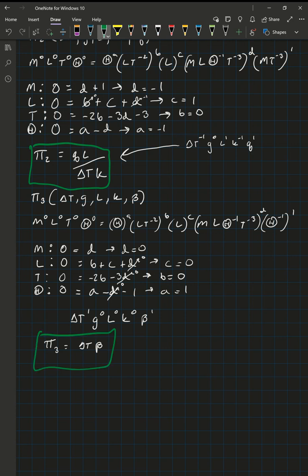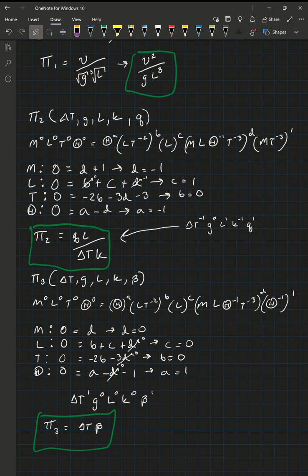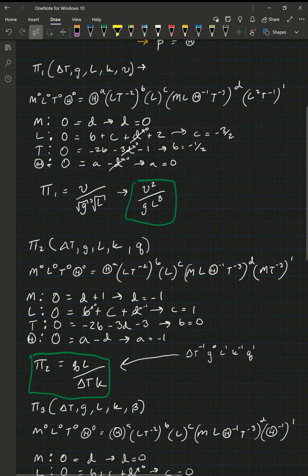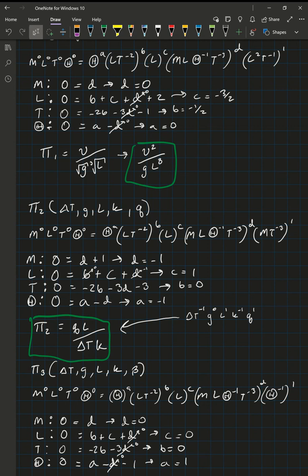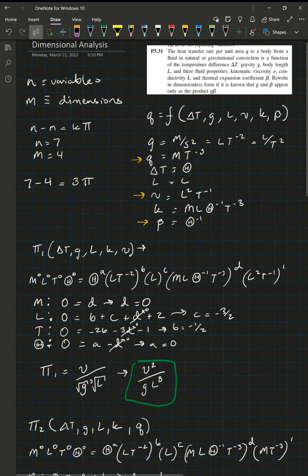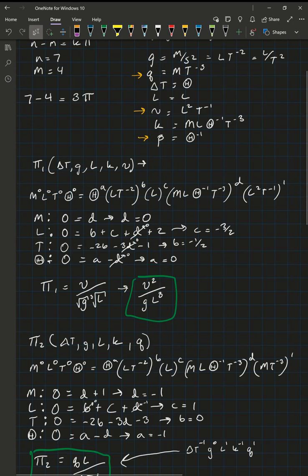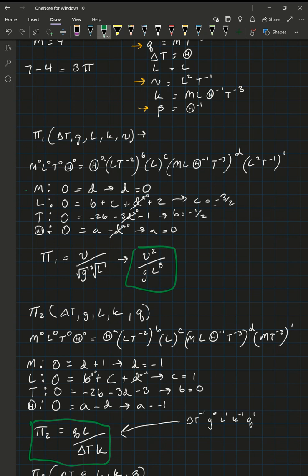So it's a bit of a lengthy process, but again, it's very systematic. It's very methodical. It's the exact same steps: making sure that you understand all your variables, correctly define those variables and the dimensions that make them up, determine all of the fundamental dimensions that aren't repeated, subtract that from all the variables that you have to determine the number of pi groups, and then start going through that analysis where you isolate each dimension.